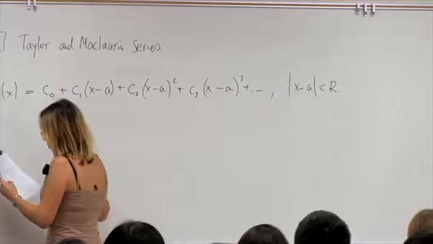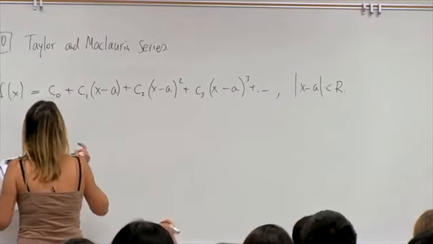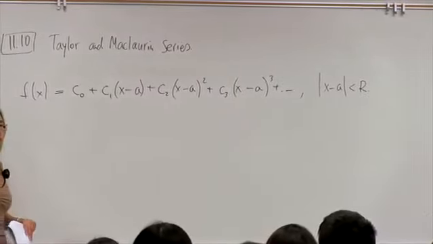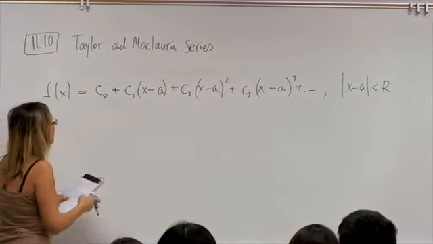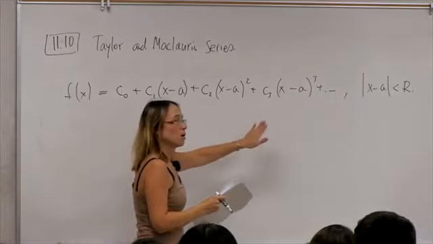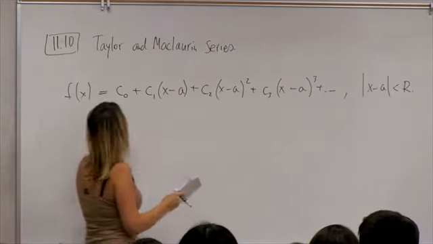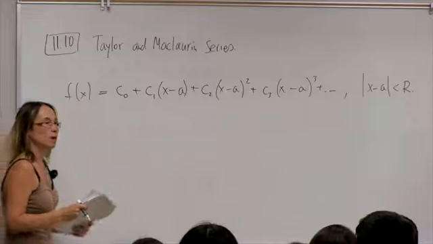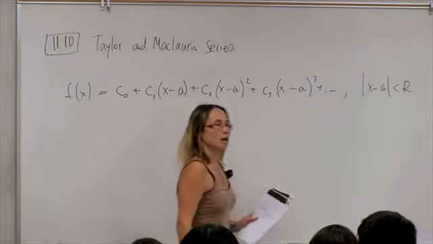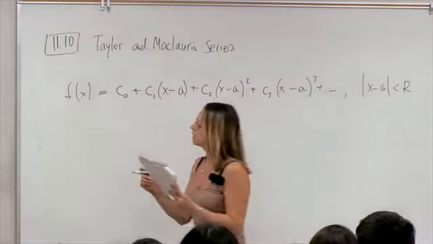Okay, so let's suppose that there is a function f that looks like this, and try to find out something about the function f from the numbers c0, c1, c2, and so on. What do these numbers tell us about the function f? The first thing we're going to do is take this expression and evaluate it at a.